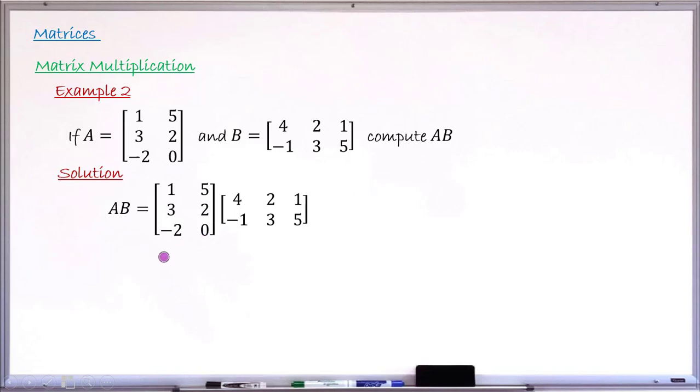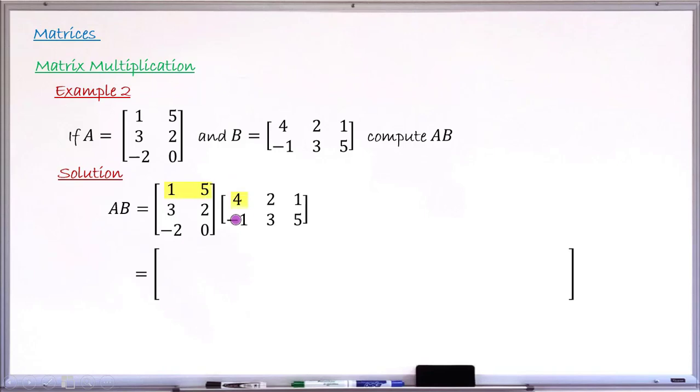And next, the rule tells us that we now multiply row by column. So row of the first times the column of the second. So I'm going to have my multiplication like this. Let me just open a very large one so that I can write the real multiplication before I compute those products. So I'm going to have this row times this very column.